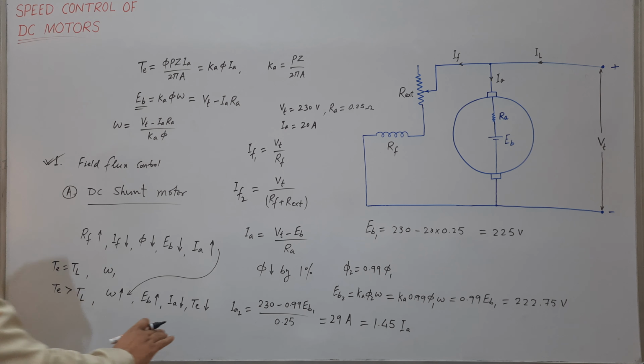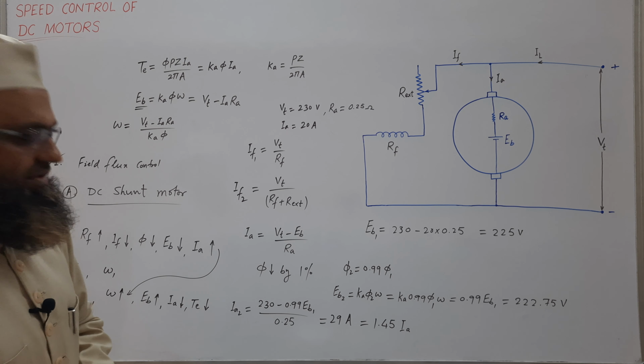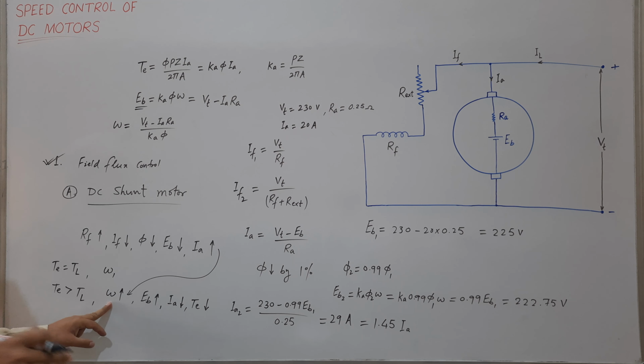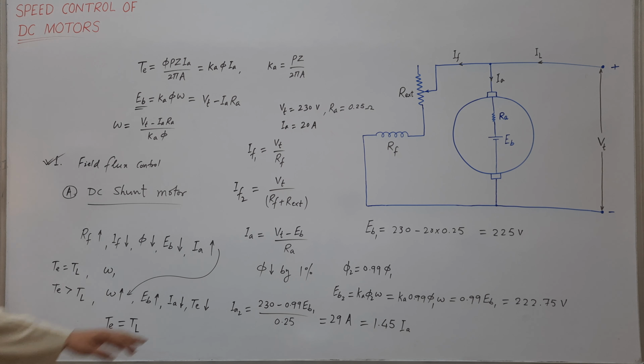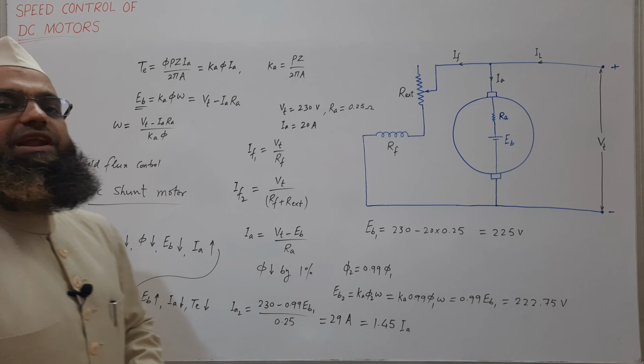So TE will continue to decrease and omega will continue to increase till TE becomes equal to TL. As it is continuously decreasing, the moment will come when TE again becomes equal to TL at its initial condition.